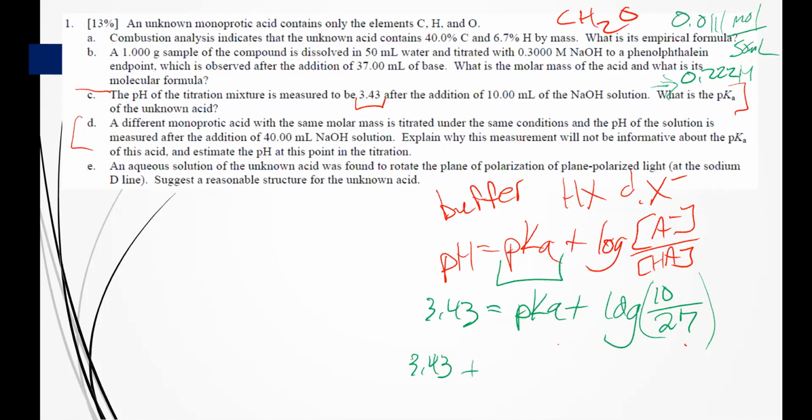So this becomes a minus a negative 0.431. And so our pKa becomes 3.86.